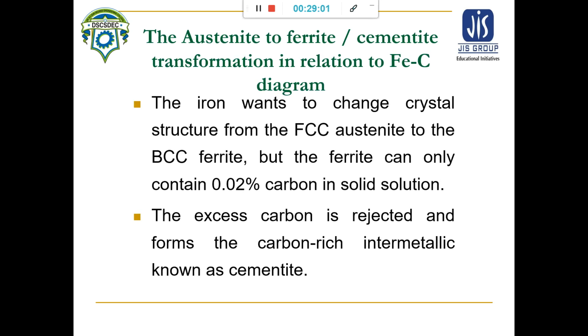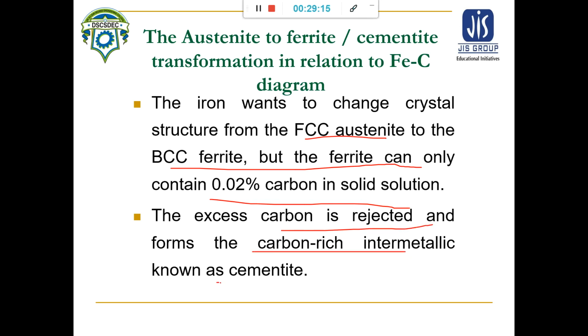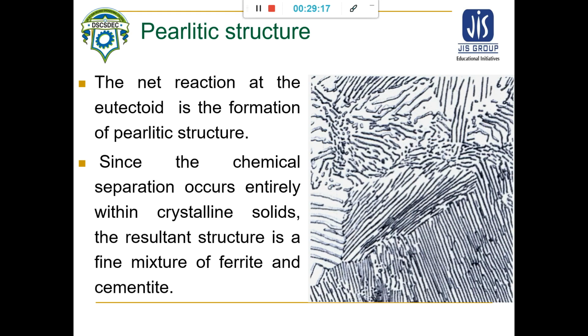The iron wants to change its crystal structure from FCC austenite to BCC ferrite, but the ferrite can only contain 0.02% of carbon in the solid solution. The excess carbon is rejected and forms a carbon rich intermetallic material known as cementite, and the net reaction at the eutectoid is formation of the pearlitic structure.